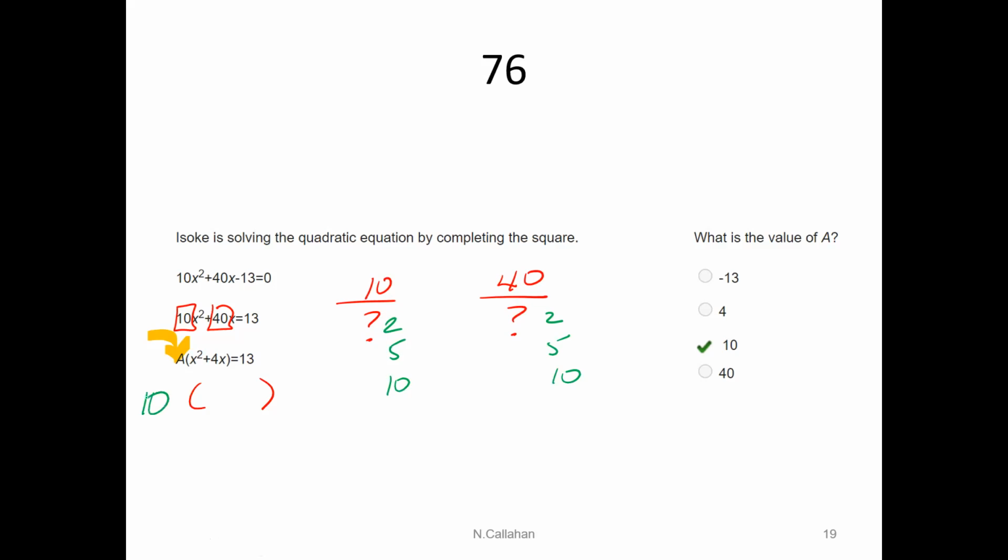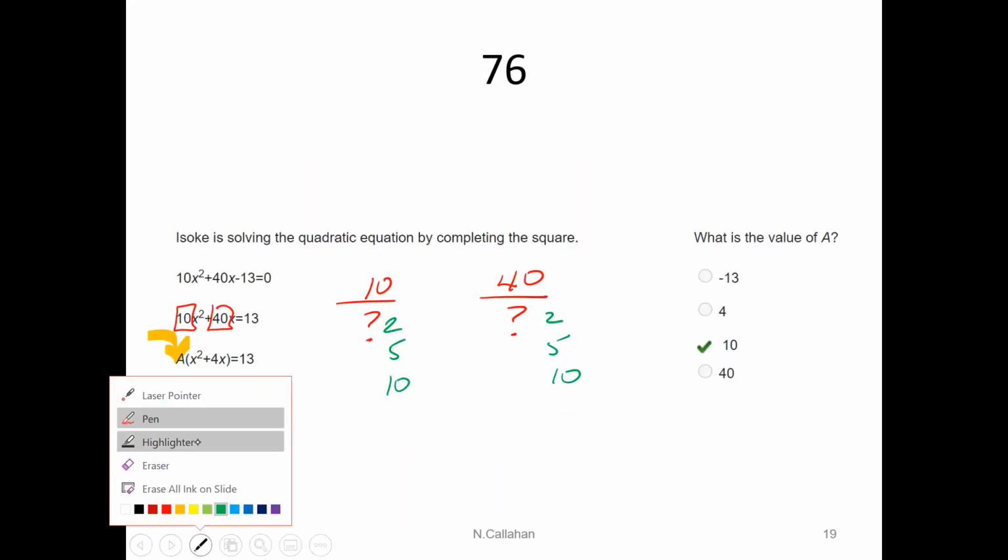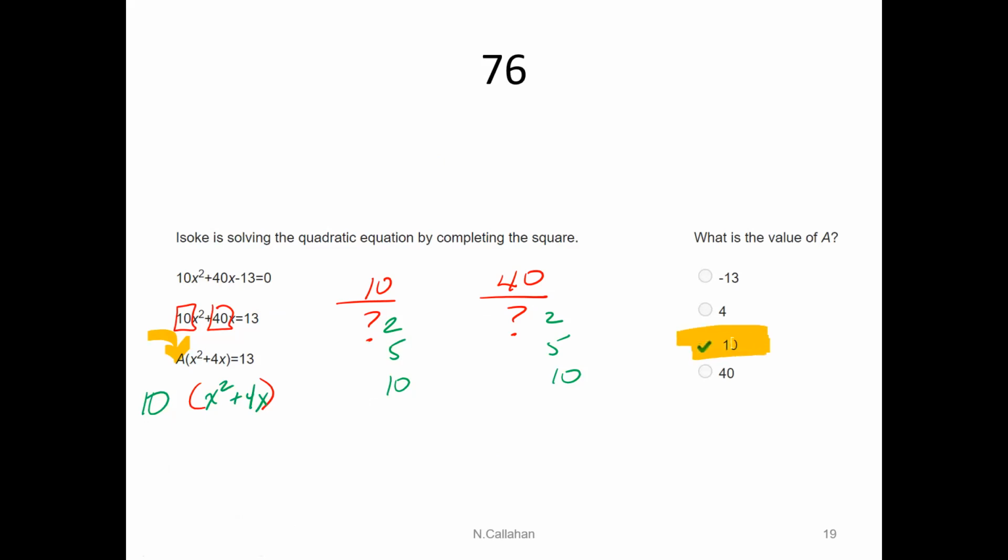Yeah. If I take 10 out, I will have x squared plus 4x inside. So then what is your A? It's 10. That's it. That's all that you have to do. They basically give you the steps. Your job is to make sure that you just literally do the next step and just match it. That's it. That's number 76. Pretty simple overall.